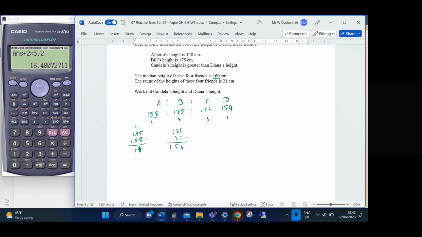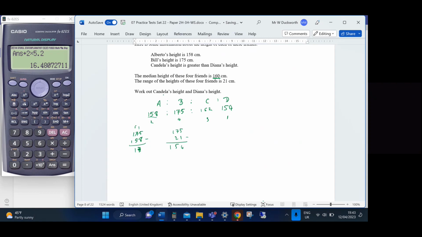The current range of the heights is 17. So we can't have the largest and the smallest within that group. 158 is very close to 160, and it wouldn't be right that this could be the smallest and then there'd be a value larger than this, because that wouldn't create the median.